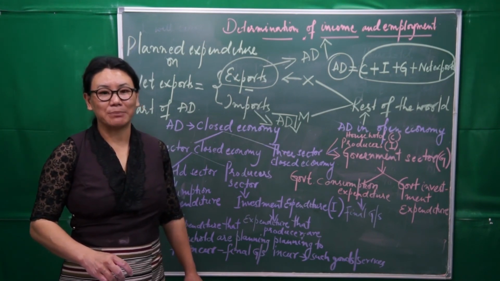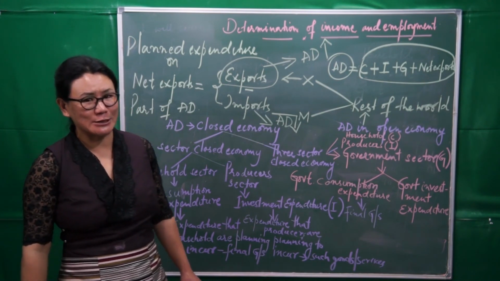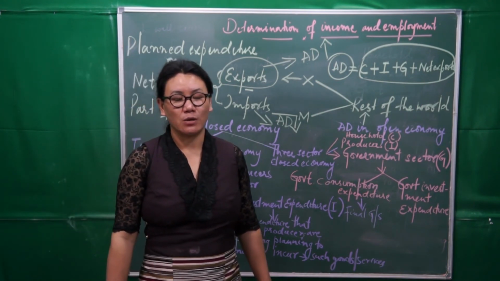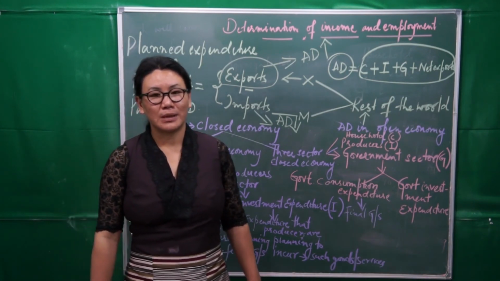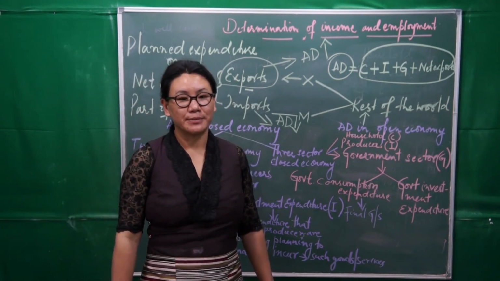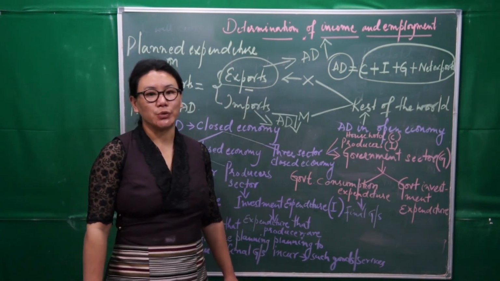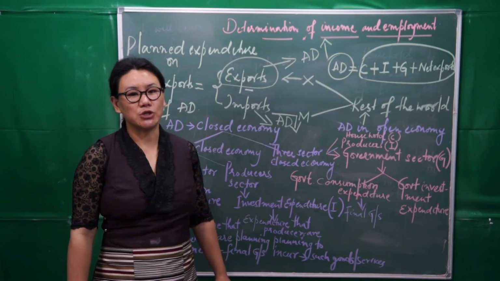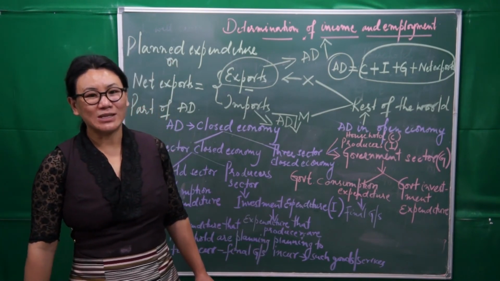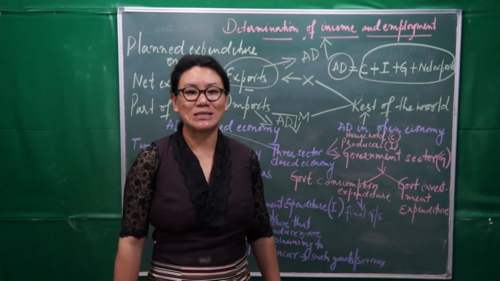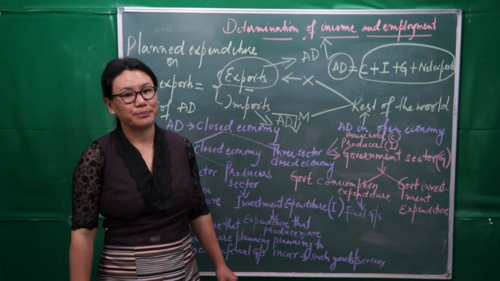So, a brief recapitulation. See now. The first one, we have seen the meaning of AD. What is it? So, we have to measure AD, right? To measure this AD, we have to look into the total expenditure by all these sectors, that too on the purchase of goods and services during 1 year, will make AD.